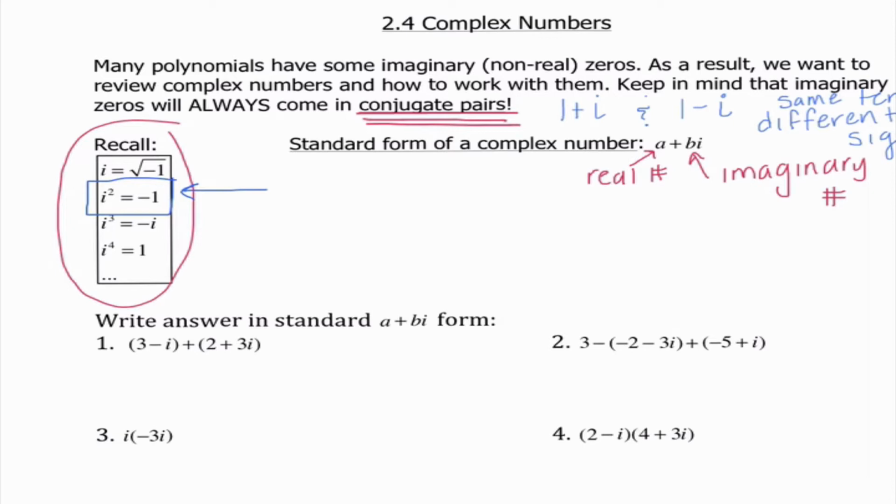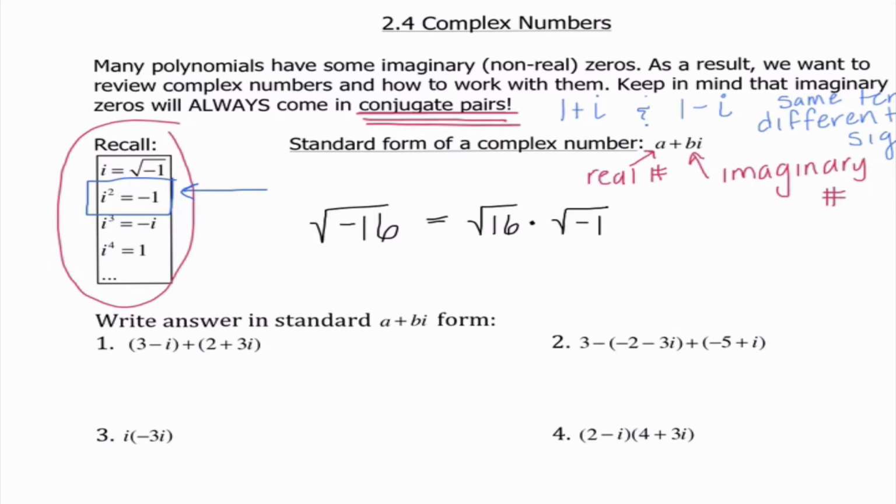Before we get into our examples, I also just want to remind you guys what these actual problems look like. A lot of the time, we're just going to start off with something basic here. If we had the square root of -16, you guys learned last year that we should split this up like the square root of 16 times the square root of -1.